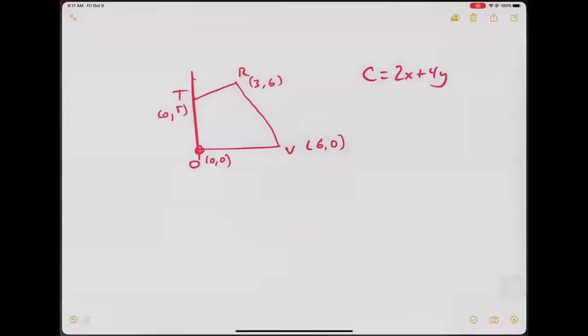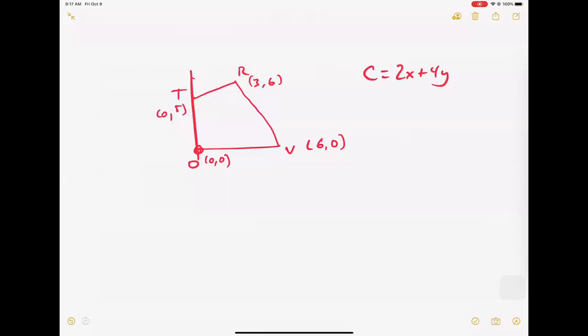So on my notes, this is what I wrote. My question now is, which of these points, T, R, O, and V, would maximize our objective function here? What we're going to do is just start plugging in values.